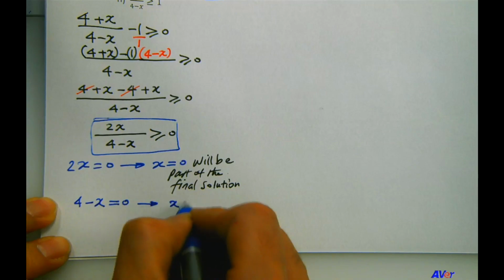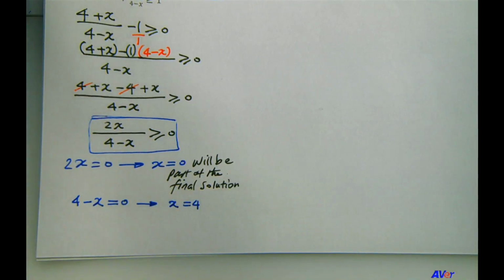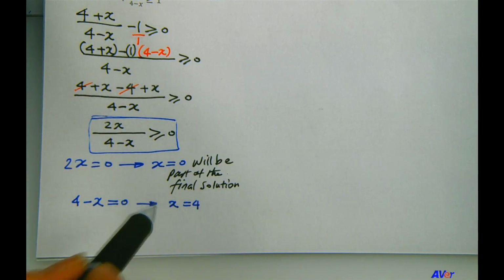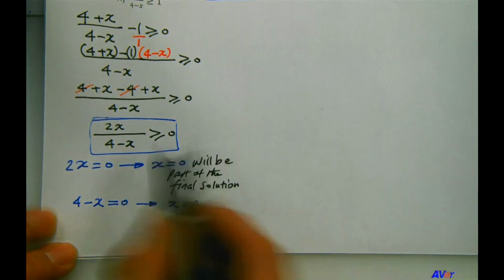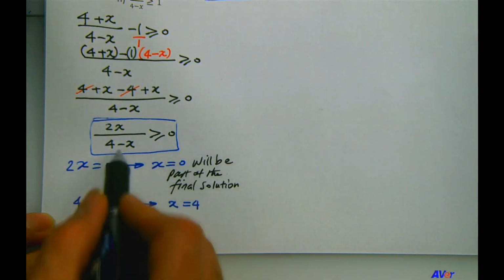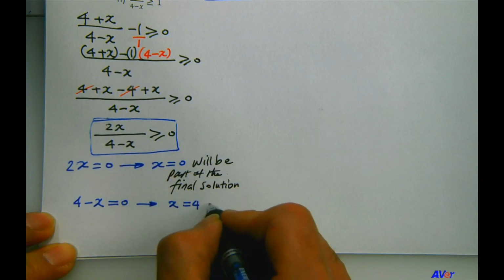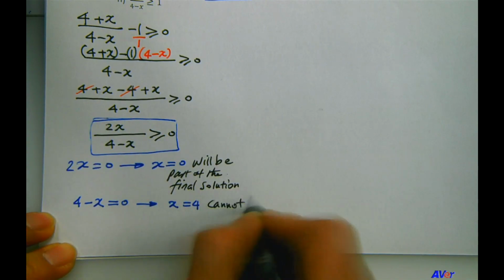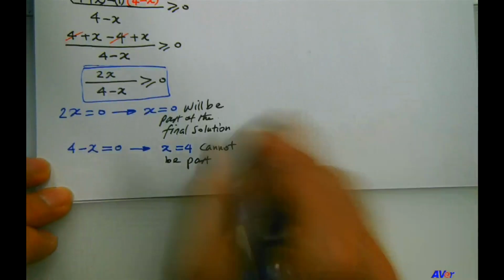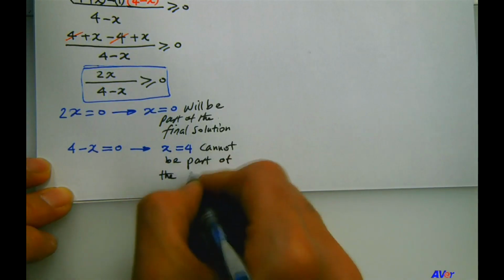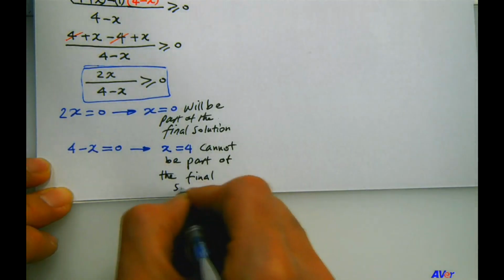That means x equals 4. Now, you know this is the other boundary solution. But can this be part of the final solution? If you answered no, you're absolutely correct. This x equals 4 cannot be part of the final solution because it will make this fraction undefined.